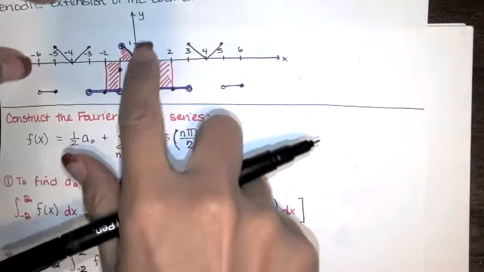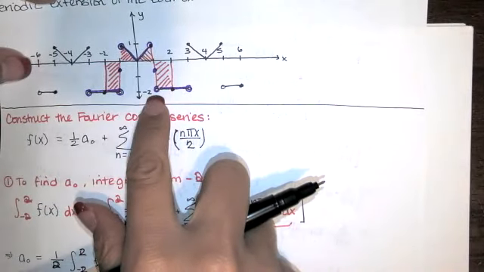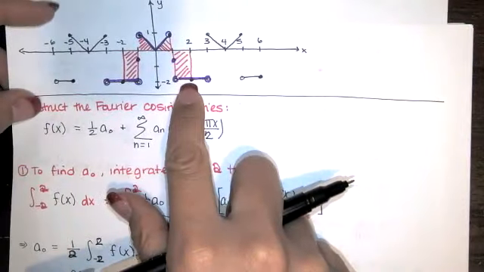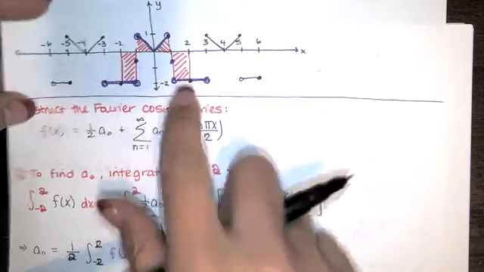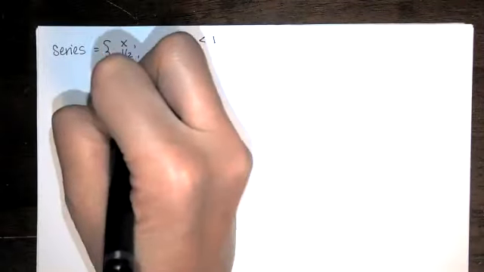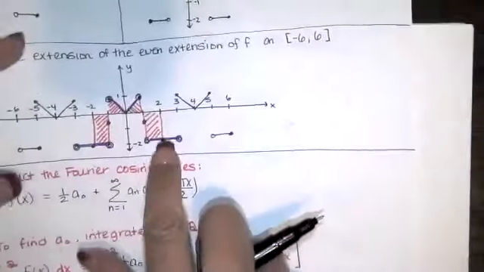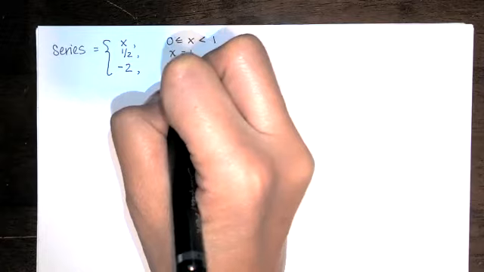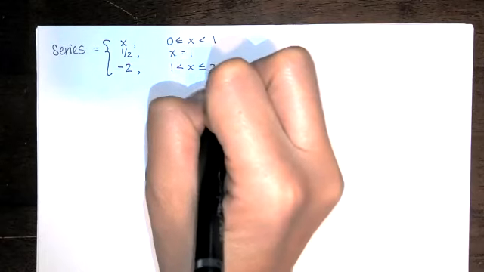At 1, we have the average of the limit from the left and the limit from the right. The average of those two is 1/2. And then on the interval from 1 to 2, we get a y value of -2. And the periodic extension is continuous at 2. So we can use an equal sign here. Less than or equal to.